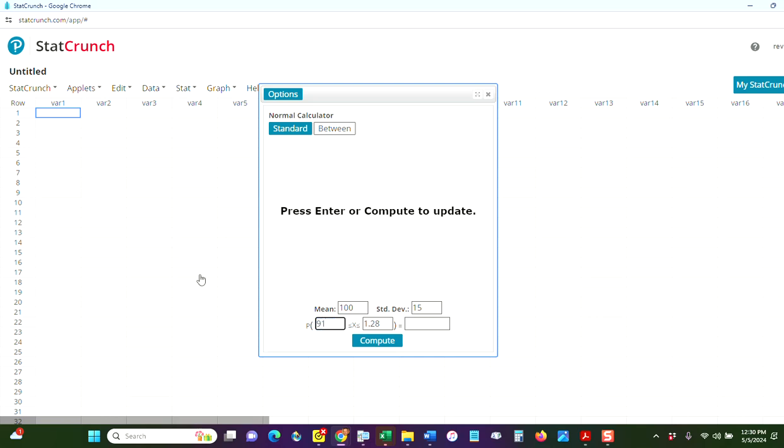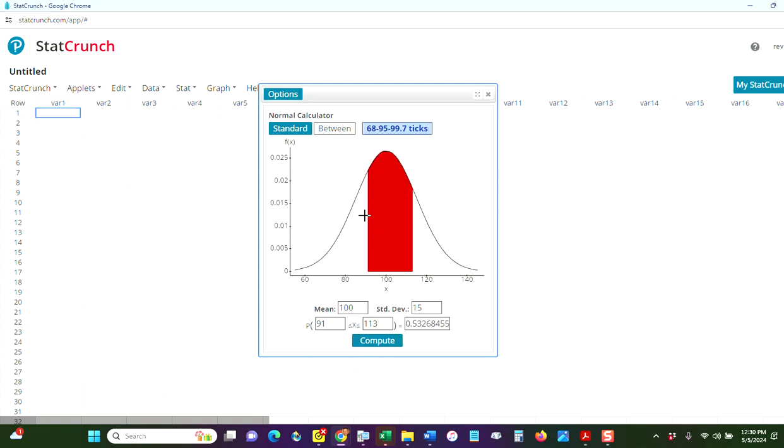The lower IQ boundary would be 91 and the upper IQ boundary was 113. This will find the probability that someone has an IQ between 91 and 113, and it gives us that area in between. And if we click the tick mark, we can see how this value correlates with the z value, 91 not quite as negative as -1, and this 113 not quite as positive as +1.